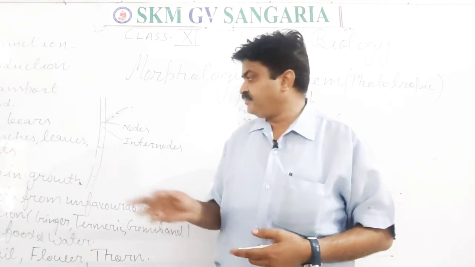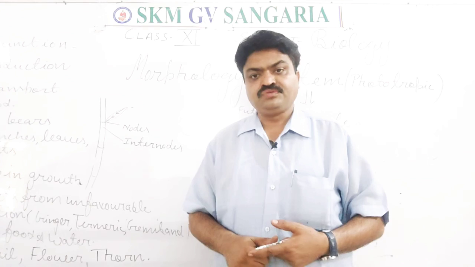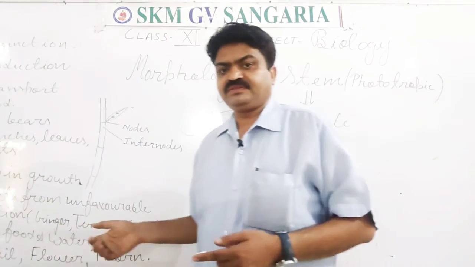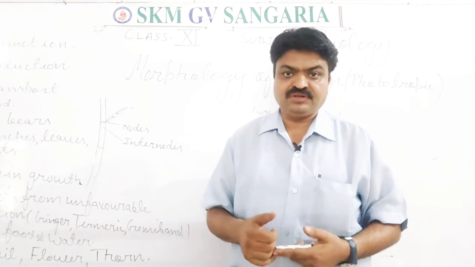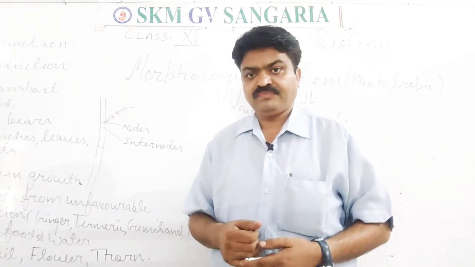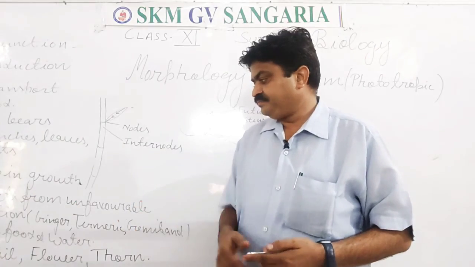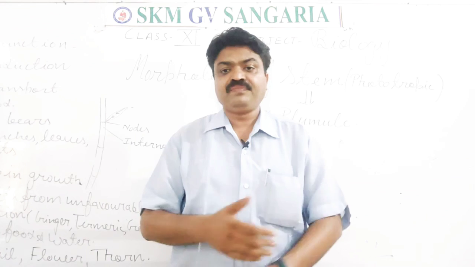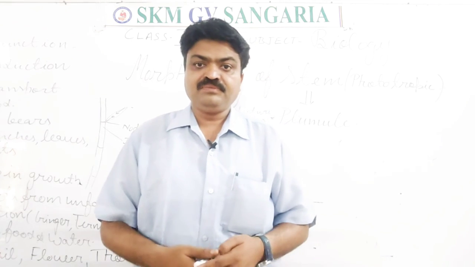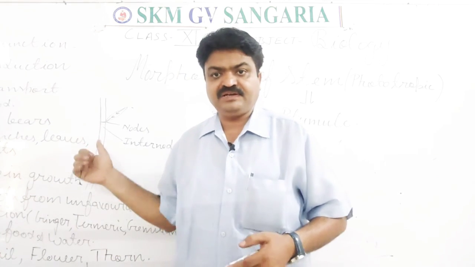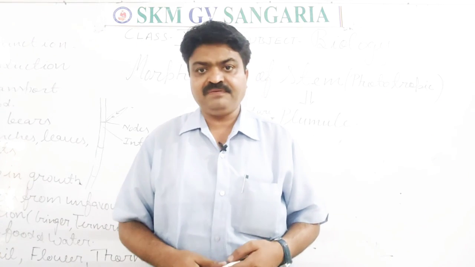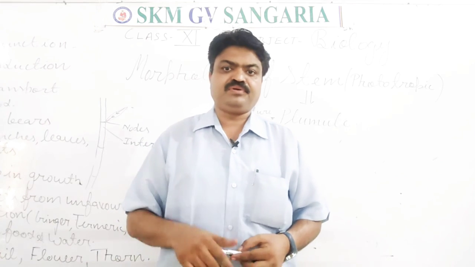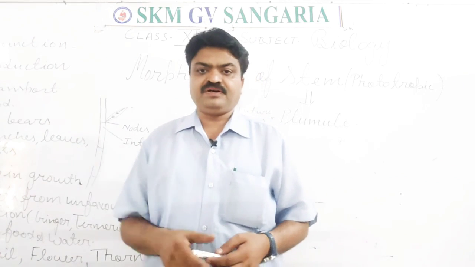Especially in the case of sugarcane, student, rose, like this potato is also developed with the help of the stem. Like this, ginger, turmeric, they are developed from their stem, or they can reproduce by the stem. So we can say that the stem also helps the plant in reproduction, from which a new plant can be reproduced. So these are the important functions of the stem.